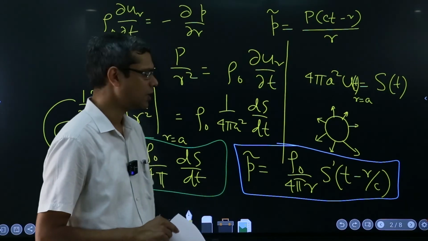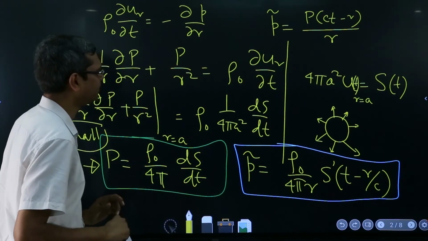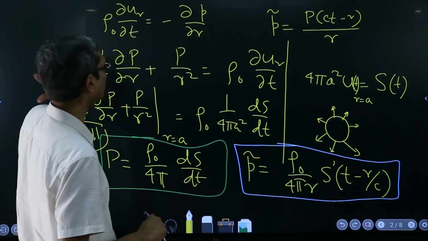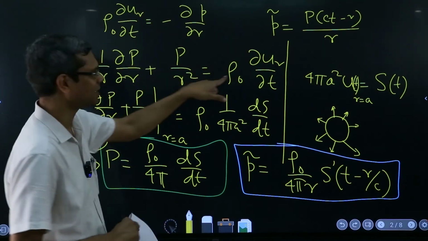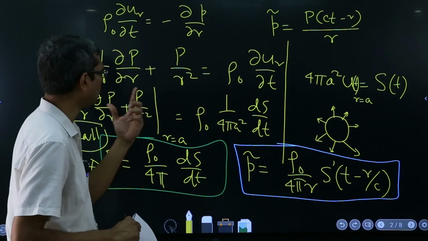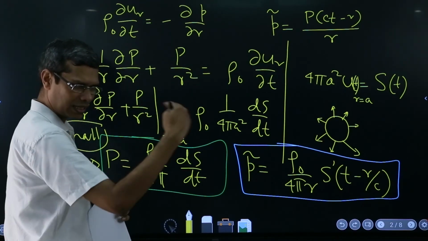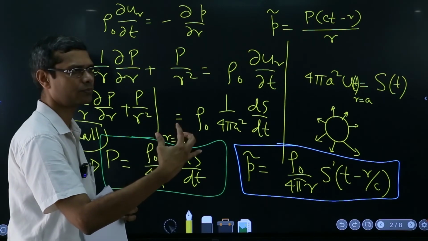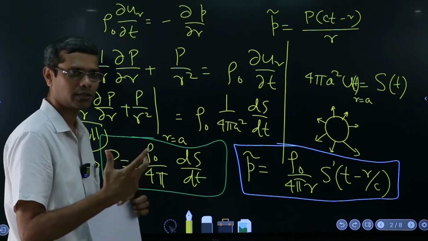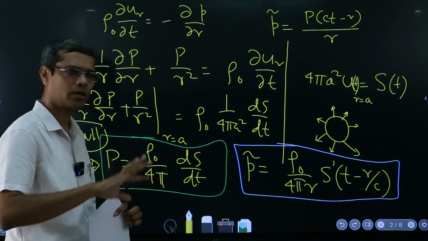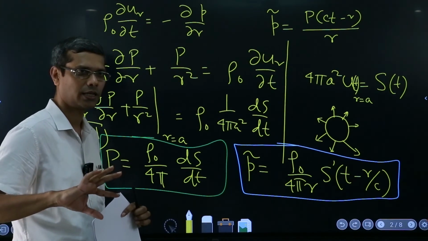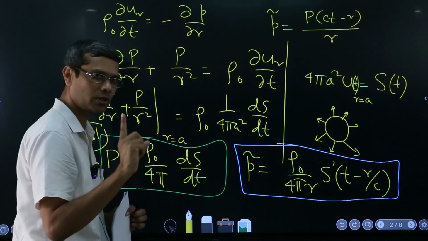You remember we had three levels of smallness, and we neglected the second order and third order smallnesses, and we kept only first order smallness.